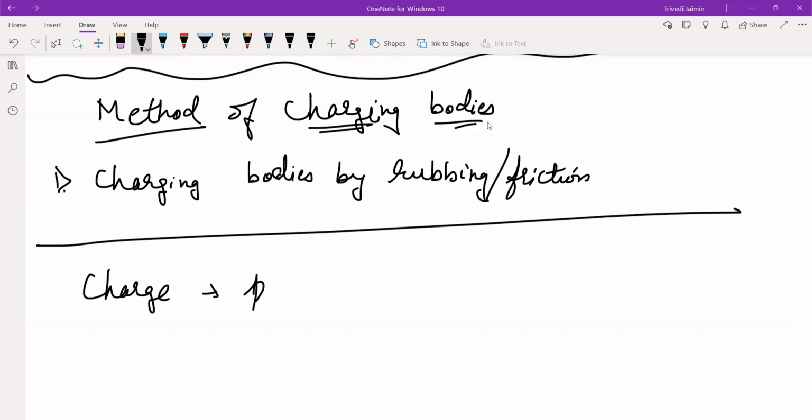We can say simply, charge is a property, as you wrote already.